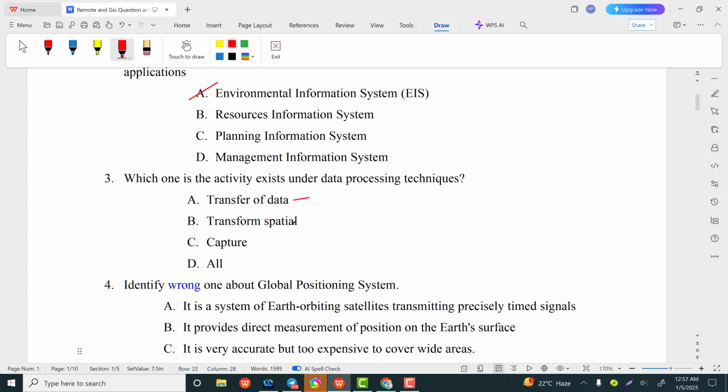For instance, we can convert vector data to raster data. This is rasterization. When we convert raster to vector, we call it vectorization. So data transformation is one of the data processing techniques. C. Capture. Yes, we can capture our spatial data using GPS or satellite or any platform. D. All. So the answer is all.